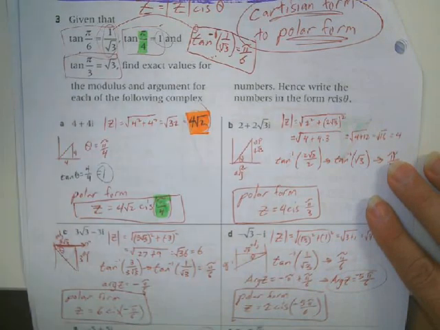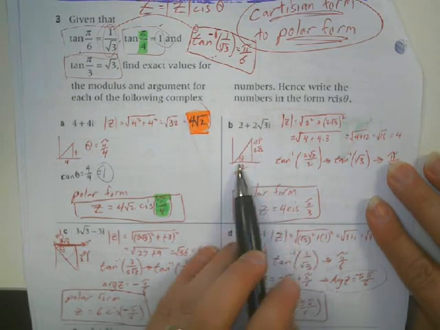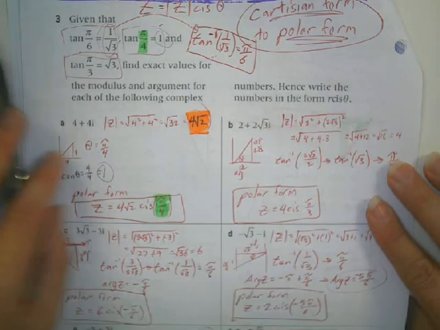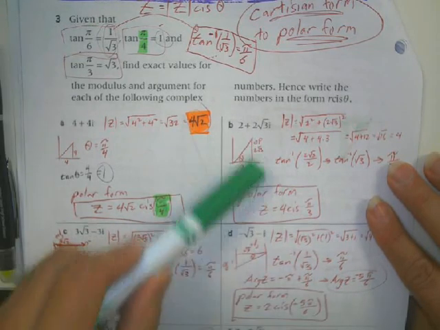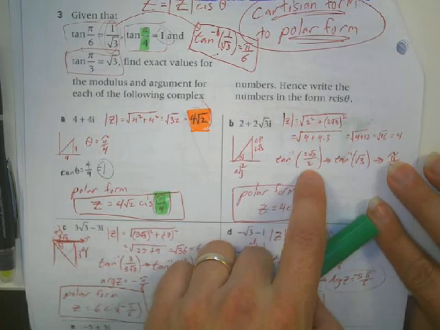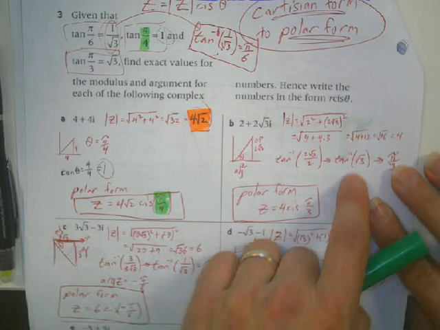Okay. Here I go over 2 and I go up to radical 3. So using the opposite side, which is 2√3, and my adjacent side is 2, I can write this as 2√3/2, which simplifies to radical 3.